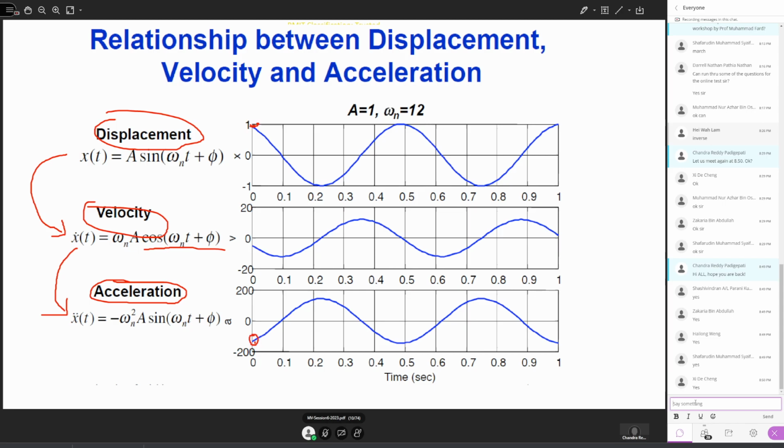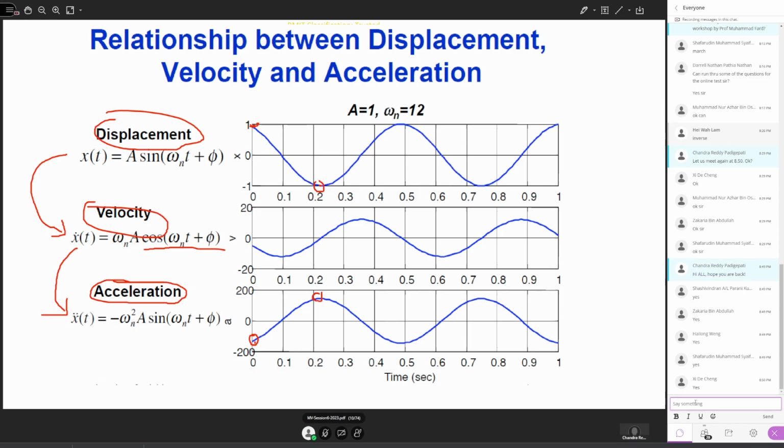Here, this is positive maximum. Here, it is negative maximum. So here you can see the amplitude is negative maximum. Then for the velocity, this will be positive maximum. So you can see the displacement and acceleration actually will be opposite in nature with respect to time.